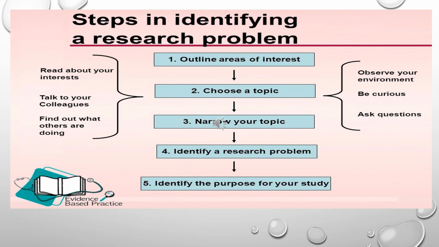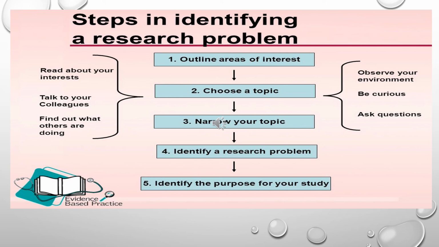Read about your interest. Talk to your colleagues, find out what others are doing, then observe your environment, be curious, ask questions. So these are the steps in identifying the research problem.